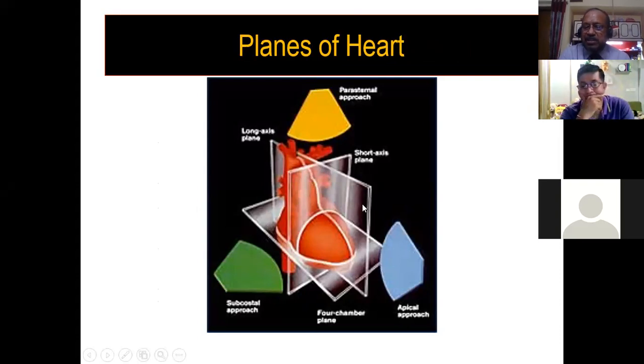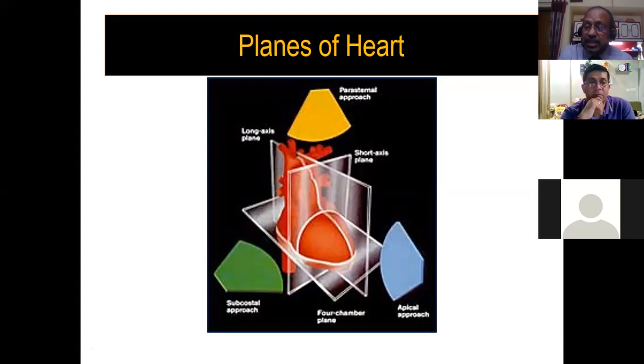Now I move my transducer to apical window, and the best point for apical window is where the apex lies, because this is the axis of the heart. Normal axis is plus 45 degree. The axis could be 100 plus in hypertension, or minus 10 or minus 20. The axis could be 90 degree in COPD.